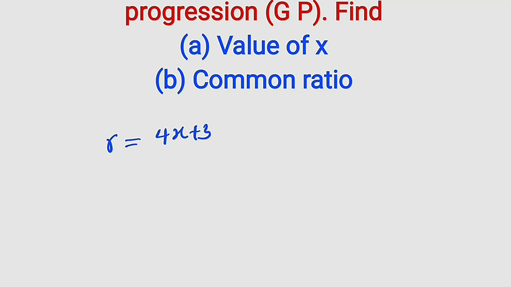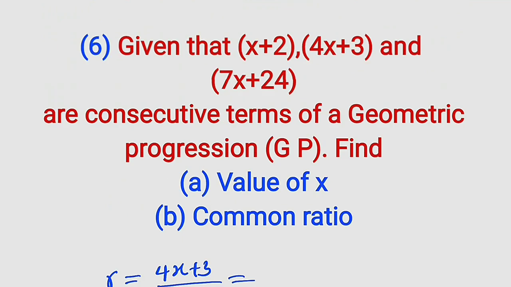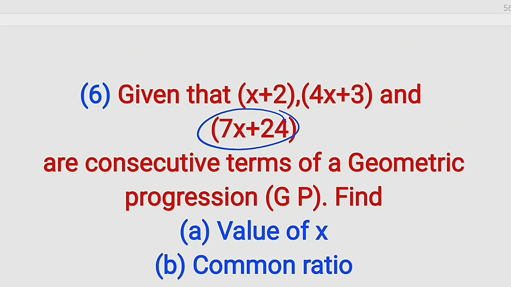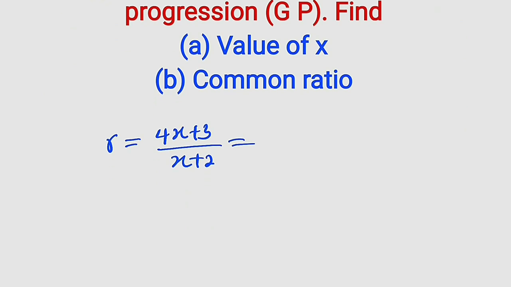The same thing if we take the last term given and divide it by this one. So it will be 7x plus 24 divided by 4x plus 3. So we have just established a relationship here.